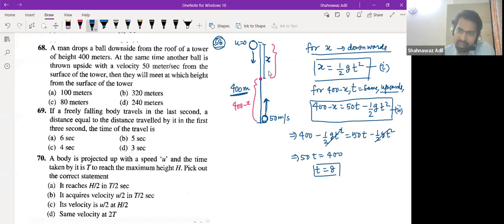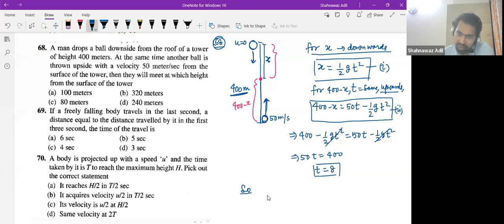Now we have to calculate this x distance, but in the question they want us to calculate from the surface of the tower. So let us calculate from the top of the building what this x distance is.